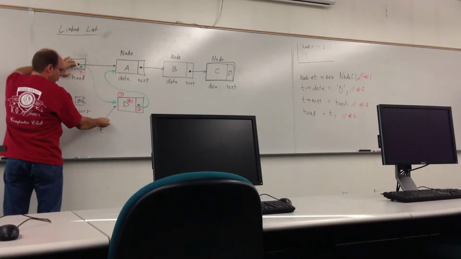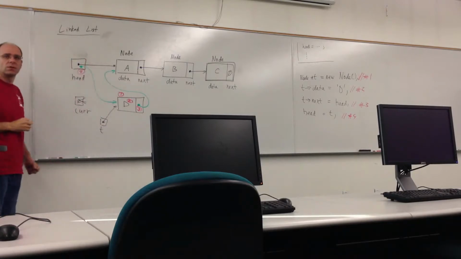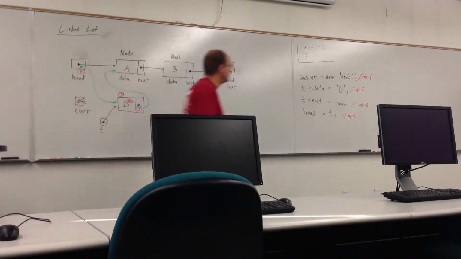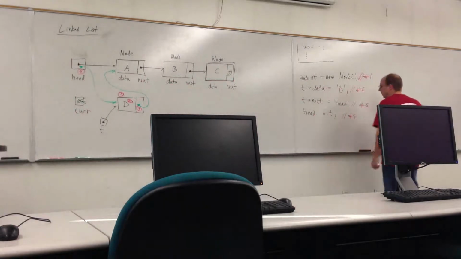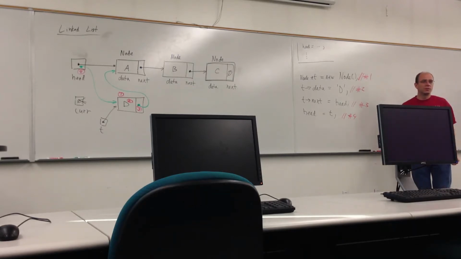And T is already a pointer, so we're just copying the address that T has and putting it into head there. And that is our insert or add node method for adding to the front of a list. And for an unordered list, we might as well add it in the front. It's the most efficient way to do it, as far as the amount of runtime our code needs.